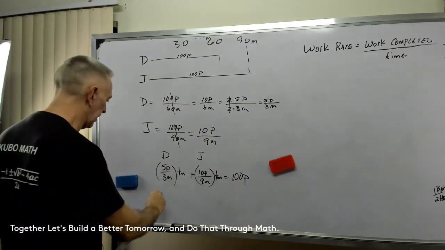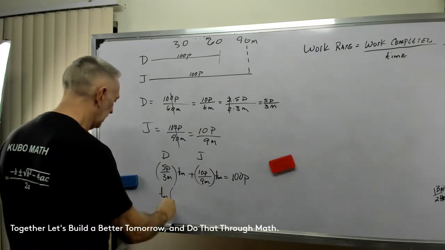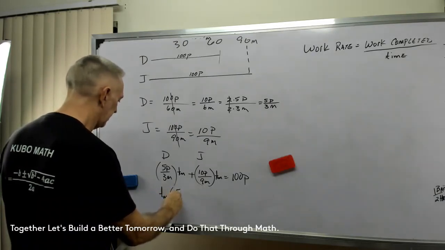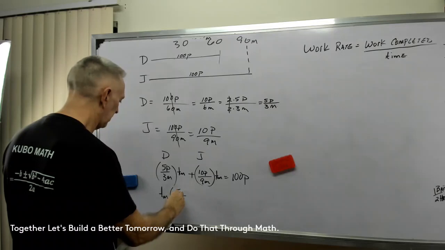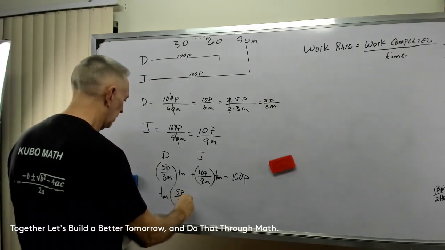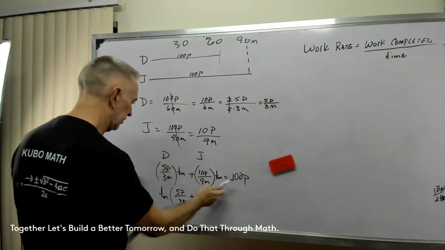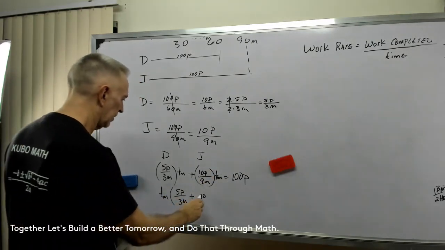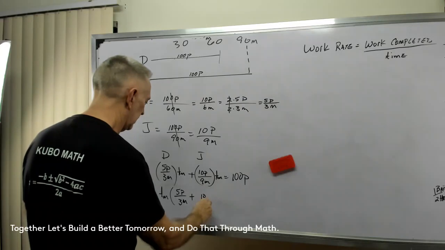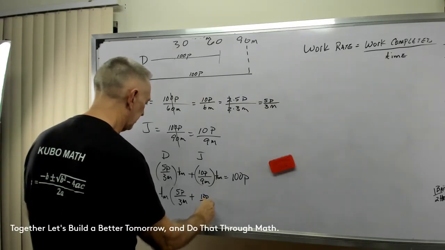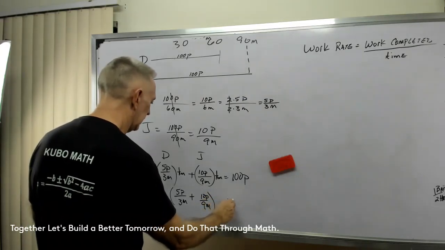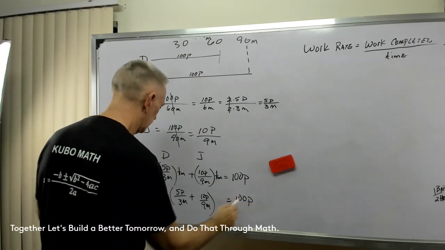So let's factor out T sub M. And that gives me 5/3 papers per minute plus 10/9 papers per minute. Remember, T sub M is factored out. And that equals 100 papers.